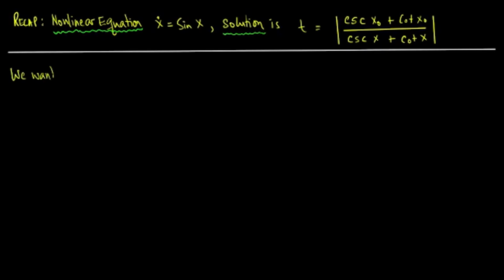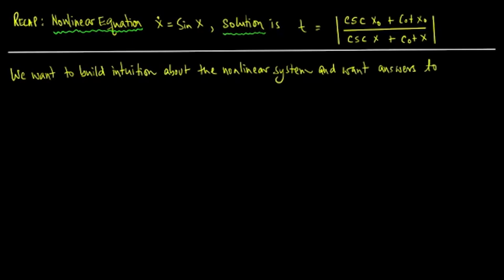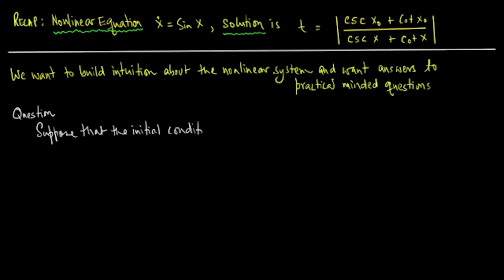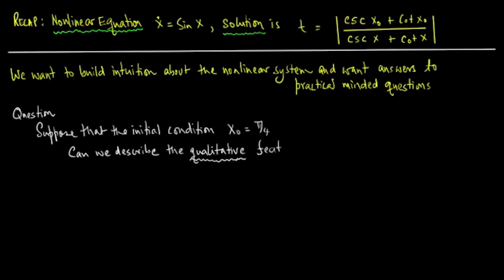Now what we really want is to build intuition about the nonlinear system and be able to answer practical minded questions. For example, suppose that the initial condition is x of 0 is equal to pi on 4. Then can we describe the qualitative features of the solution x of t for all t greater than 0?